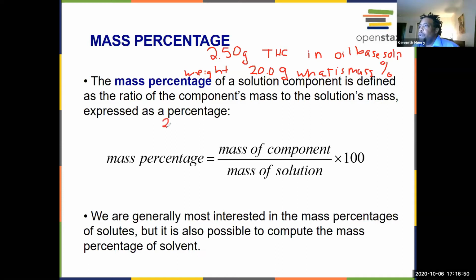So we have 2.5 grams of THC, and our solution, that oil-based solution, weighs 20 grams. An easy way of thinking about it: the one with the biggest mass is probably your solution. The smaller mass is just that one component, but your solution is the combination of both, so that should always be larger.